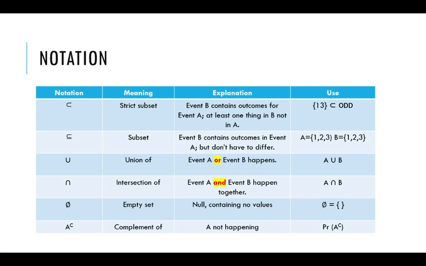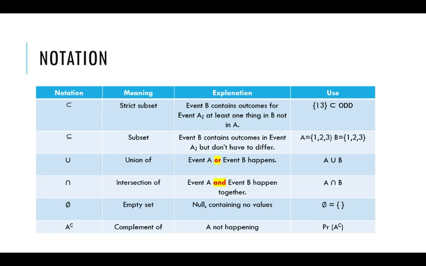It's or. So the union of, that U sign means event A or B, whereas the upside down U means the intersection of event A and event B happening together. So those two things cause a lot of confusion for students. So I just need you to get that down now, that union, the U means or, the upside down U means and.